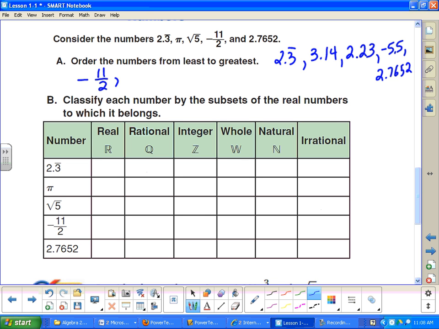Okay, 2.23, which is the square root of 5, right? Okay. So when I order them from least to greatest, I'm going back to their original, not as their decimal. Okay. All right, then what? Okay, 2.3 with a bar over it. And 2.7652.